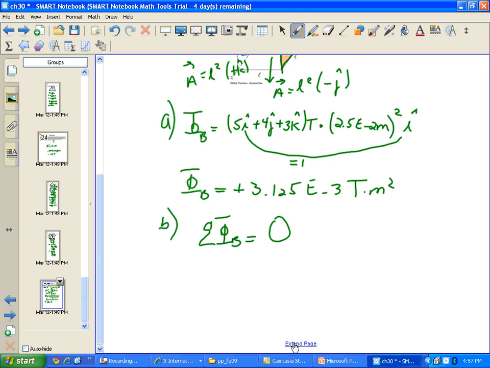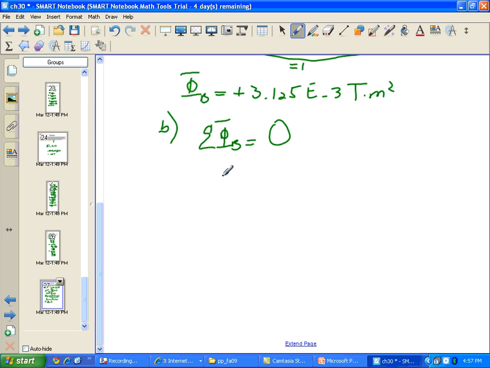But that's nothing more than Gauss's law, which told us that the flux through a closed surface is equal to 0. If we consider Gauss's law for magnetism, the closed integral of B dot dA gives us 0, and that tells us that no monopoles exist, which is consistent with what we expected.